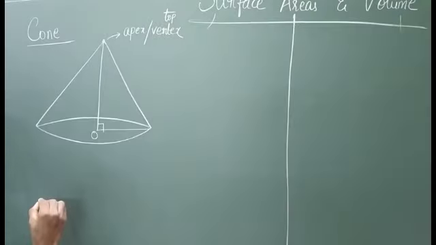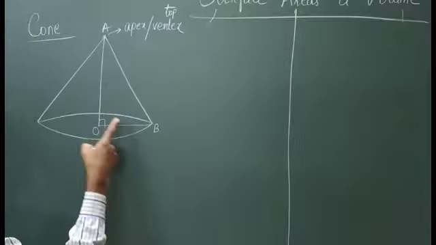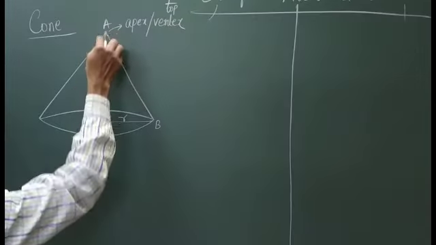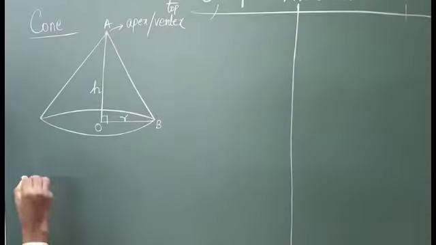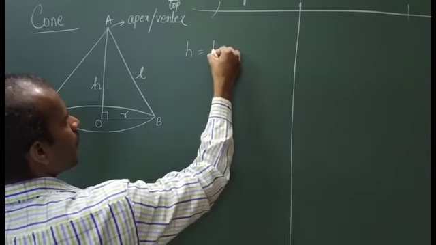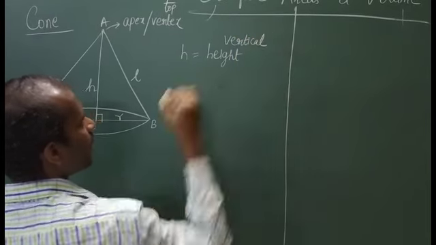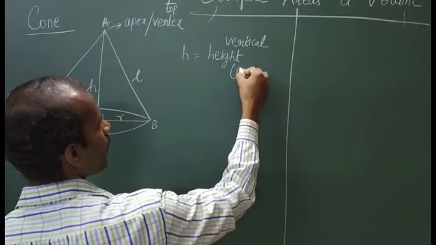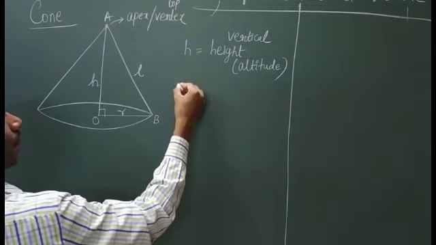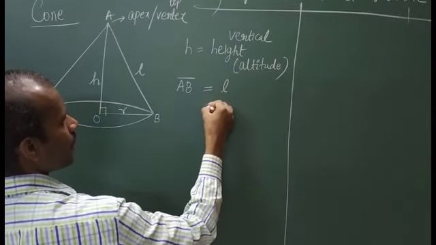Let me call this O, this A and this B. Please understand, it is a circular shape, and from O to B, this OB is our radius, AO shall be height and AB shall be L. H is equal to height, or vertical height, also called altitude, and this slant AB length is denoted by L, which is equal to slant height.